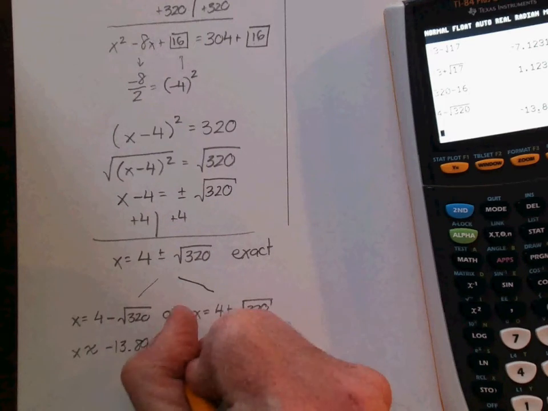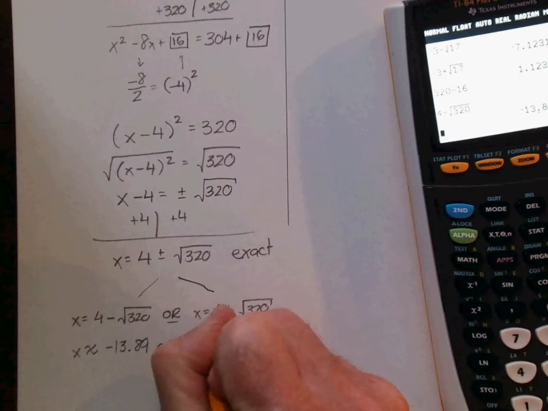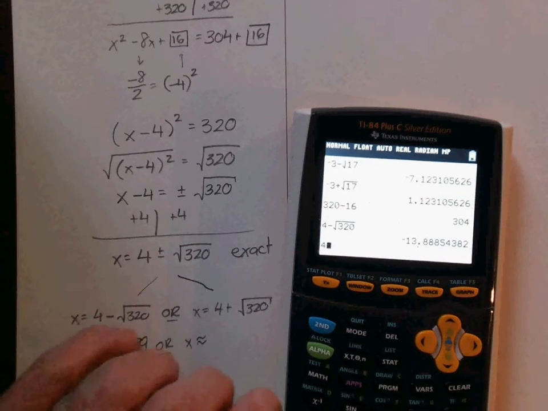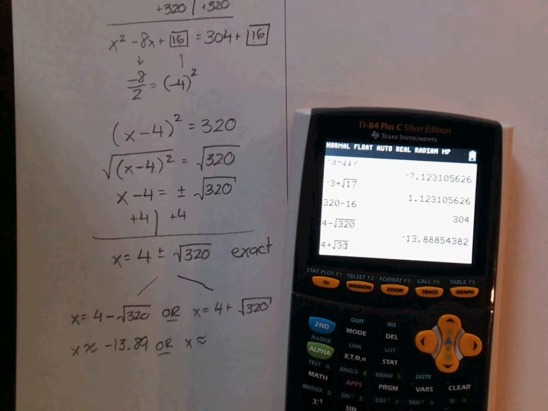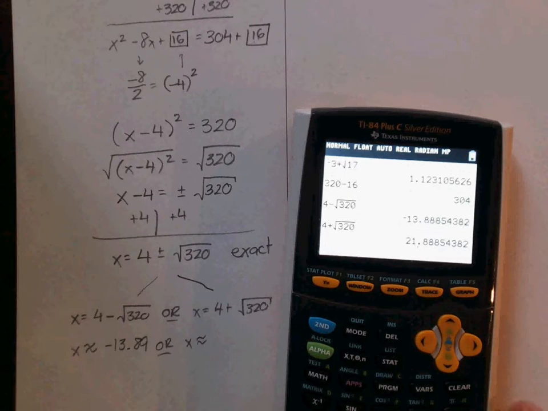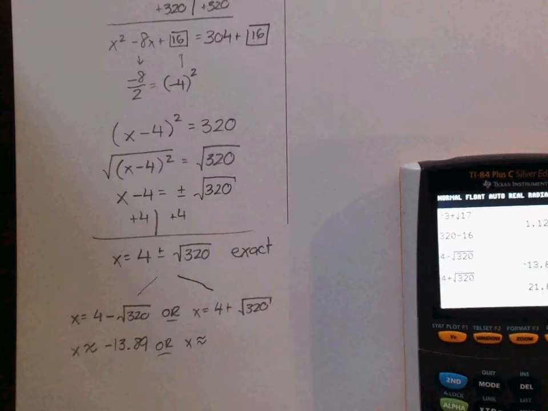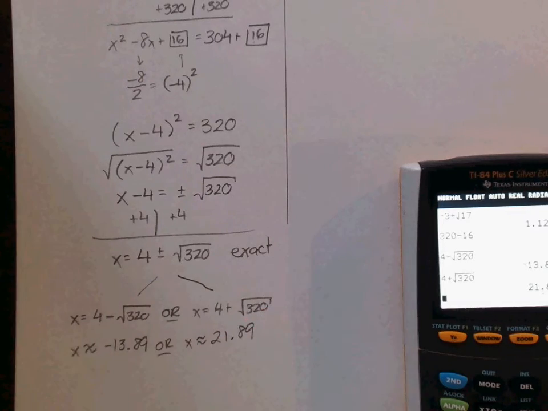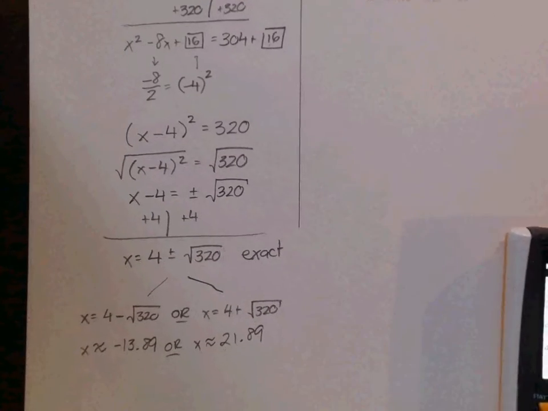Or x is approximately equal to, and 4 plus the square root of 320 is 21.89. And that's solving using completing the square.